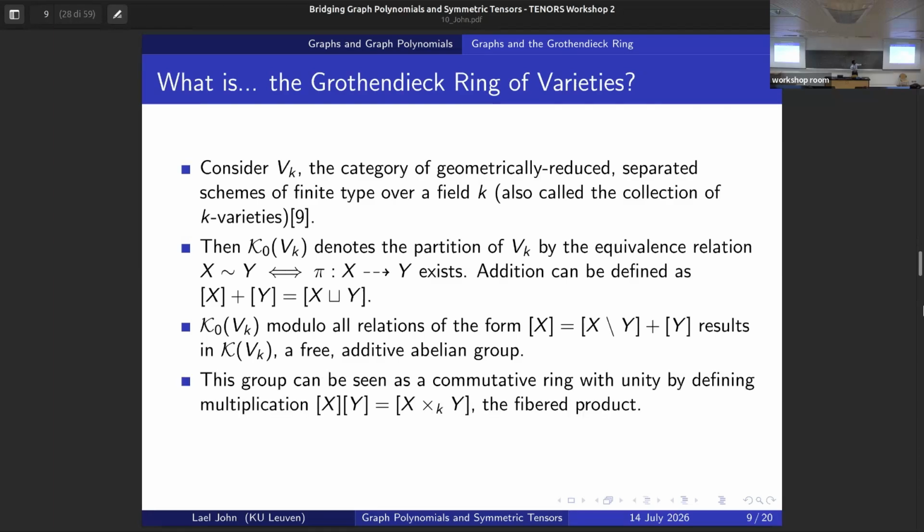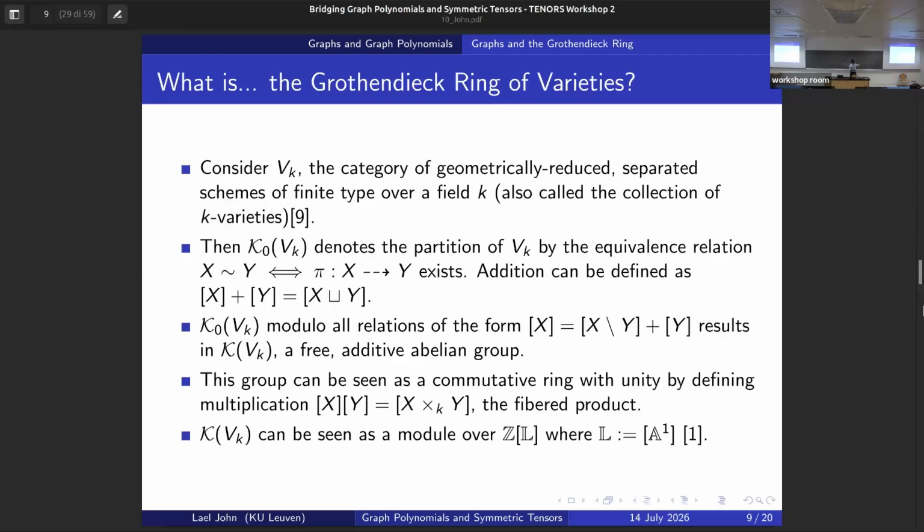If now you define multiplication by taking the class of the fiber product, you now have a commutative ring with unity. And here the unity is the equivalence class of a point. So now we have the Grothendieck ring of varieties developed by Grothendieck. Kontsevich uses this in the 90s to start doing motivic integration, and motivic integration is useful to people, right?